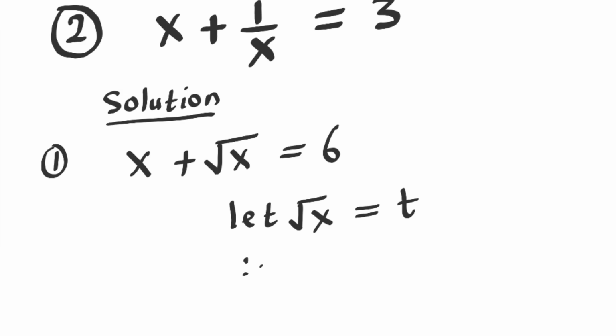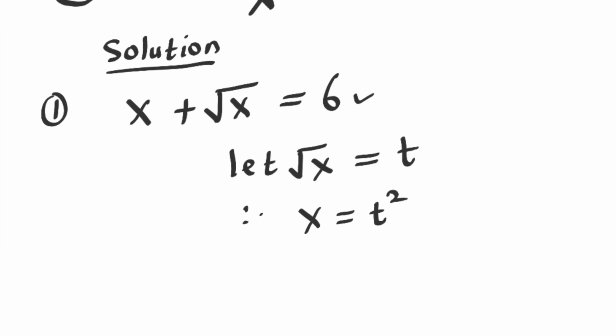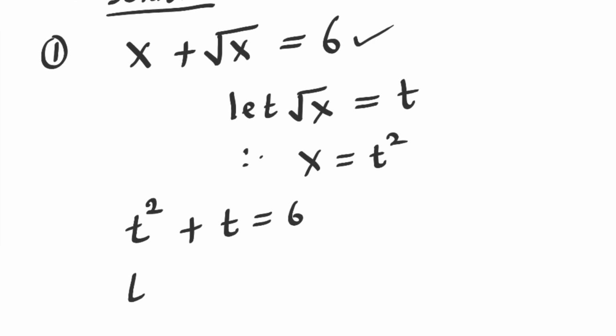Therefore, s is equal to t square. Then this can be written as t square plus t is equal to 6. t square plus t minus 6 is equal to 0.